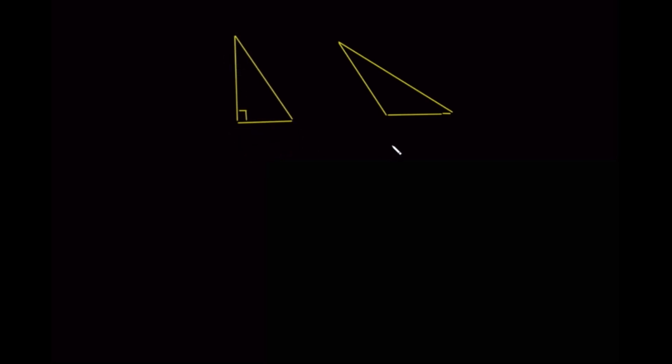It is half times the base times the vertical height, so we're talking about this height here. So it's half of that multiplied by that. It gives you the area in here.